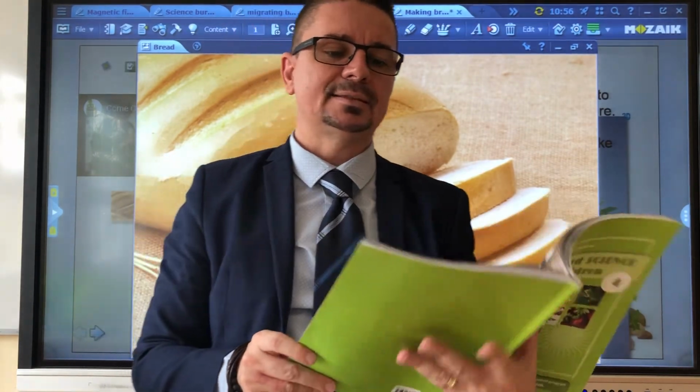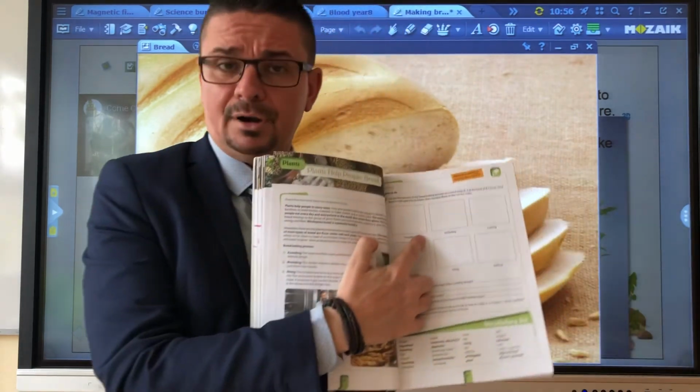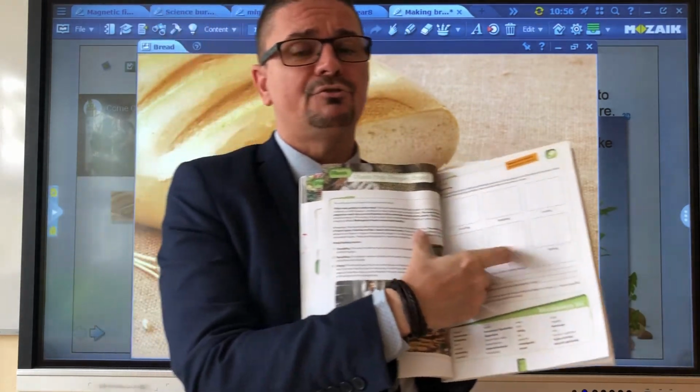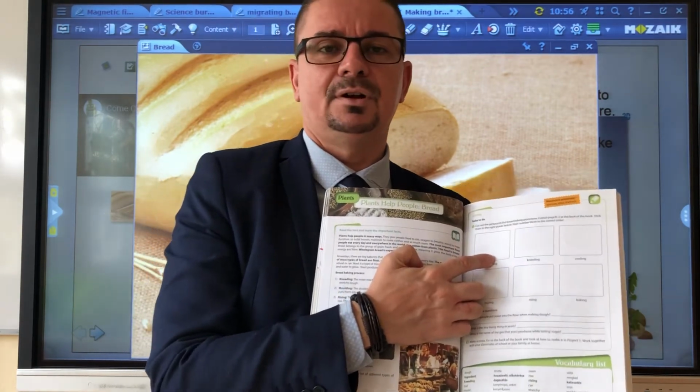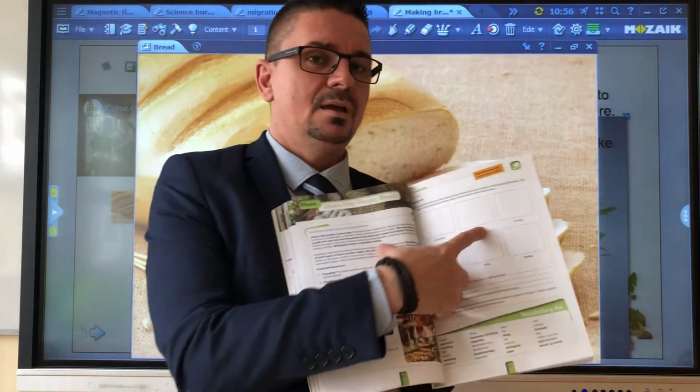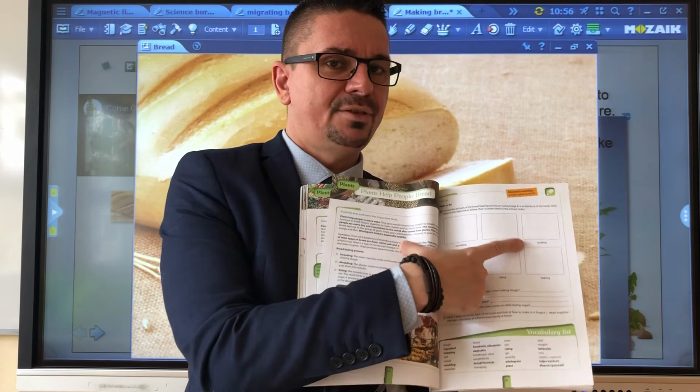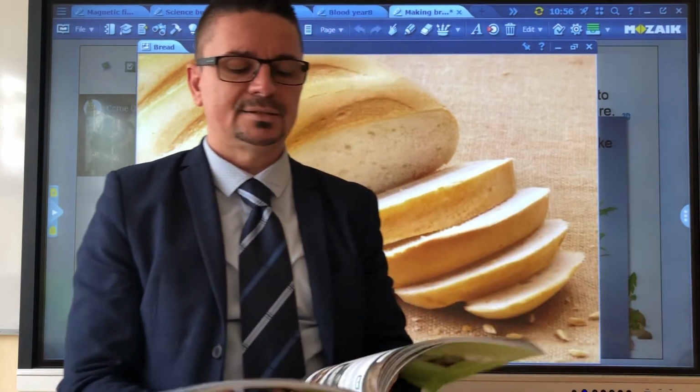And as I can see, you need to number these and put them in the right order, because probably you do not start with molding first. You know, that's shaping the bread. You need to do something else beforehand. So please put them right here, stick them there, and write the numbers next to them.